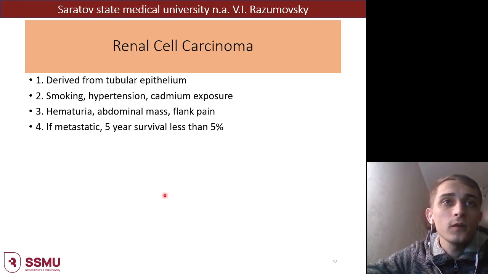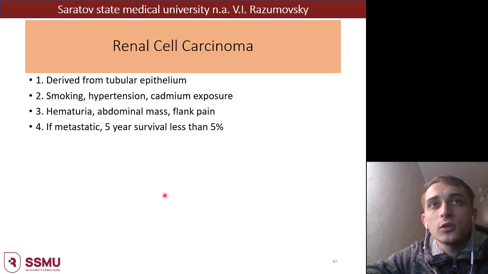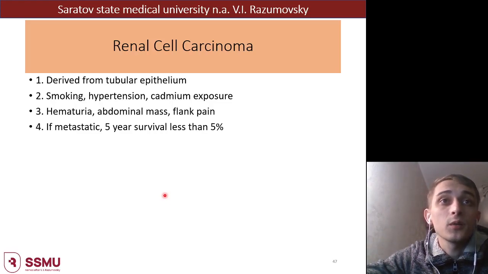The etiological factors are smoking, hypertension, cadmium exposure. Manifestation of this disease is associated with hematuria, with macrohematuria when urine becomes red in color, abdominal mass, you may see formation of some infiltrate in the abdomen, and flank pain.